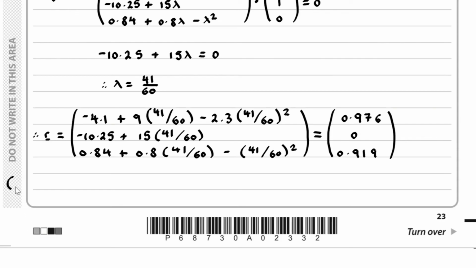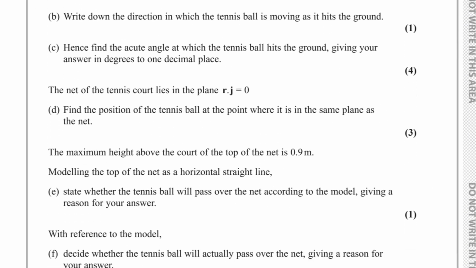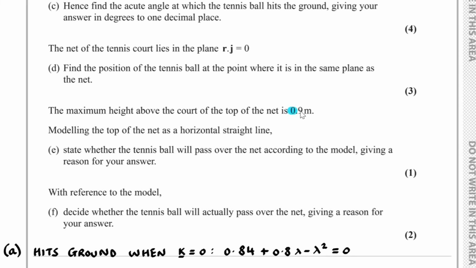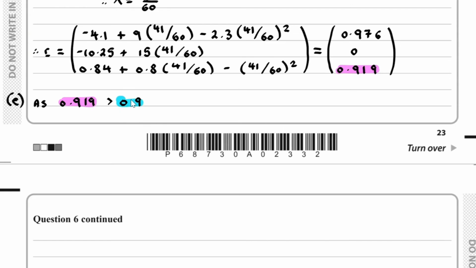Well, for part E, as this 0.919, which is the k component, so it's vertically upwards, is greater than the 0.9, and this 0.9 comes from here, what we can therefore conclude is the ball is above the net.